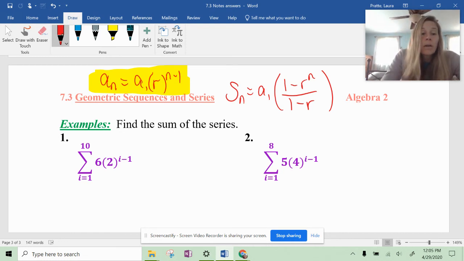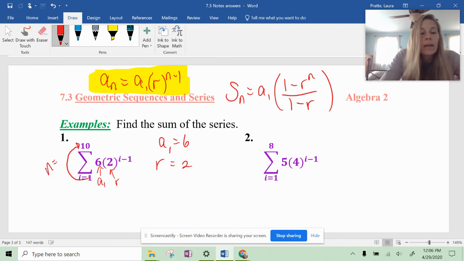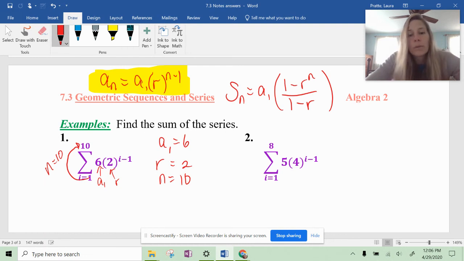Here, this 6 is your a sub 1 and this 2 is your r. Those can be pulled right out of the rule on the right-hand side of the sigma. Then, if you're going from 1 to 10, your n is 10.